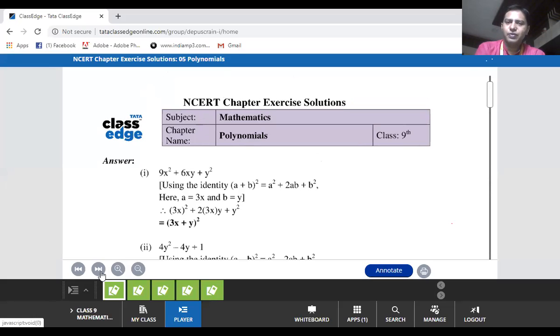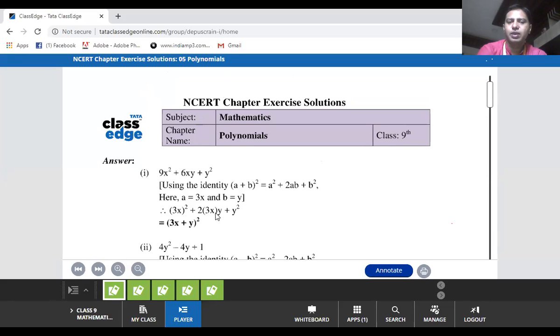Now, if we take a is equal to 3x and b is equal to y, this 6xy is nothing but 2 into 3x into y, that is 2ab. So instead of a square, we have 3x whole square, instead of b square, we have y square, and instead of 2ab, we have 2 into 3x into y.